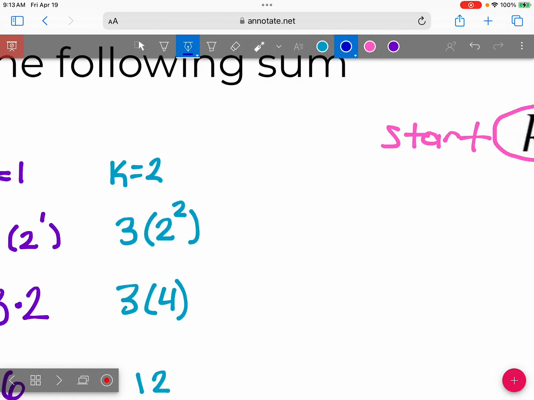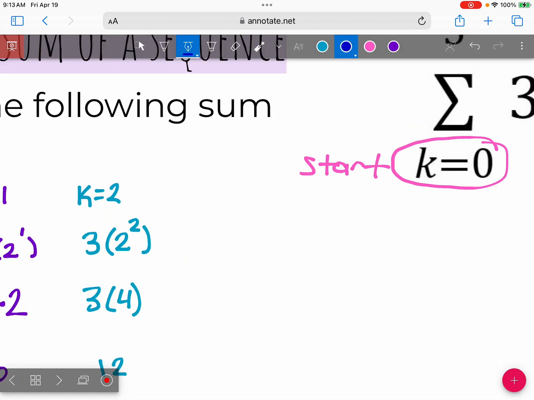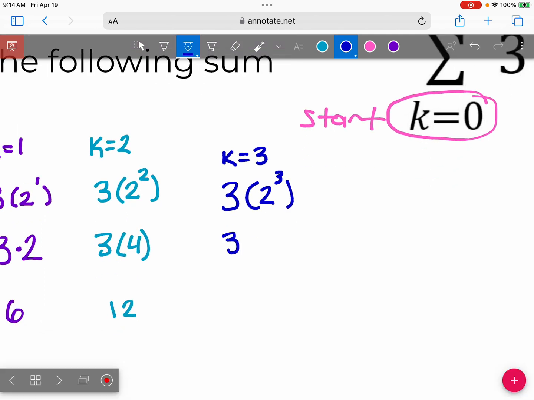Keep it going. We're not stopping until we get to 5. So we're going to do our k of 3. And this is going to have 3's everywhere. So we have 3 times 2 cubed. Well, that's the same thing as 3 times 8. So we have a 24.